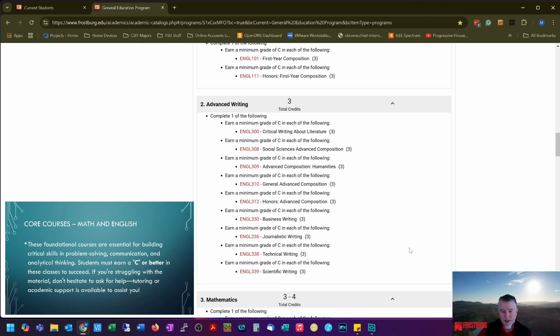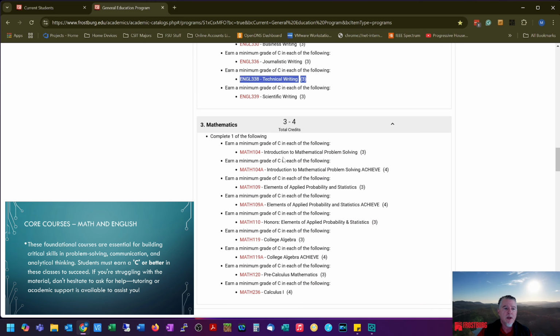Oftentimes this is dictated by the major. In our case, and all of our computing majors, computer science, information technology, computer information systems, cybersecurity and information assurance, you have to take technical writing. Please look at your major to see which advanced writing your major wants you to take and make sure that you do that.